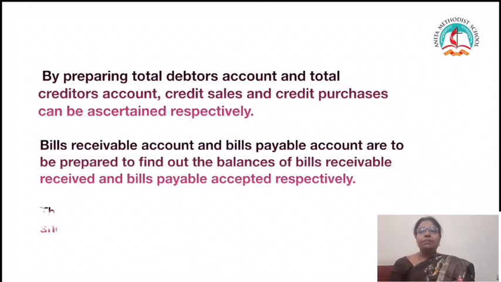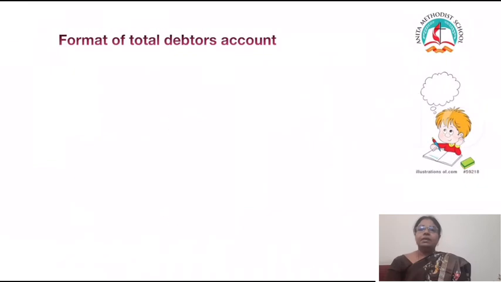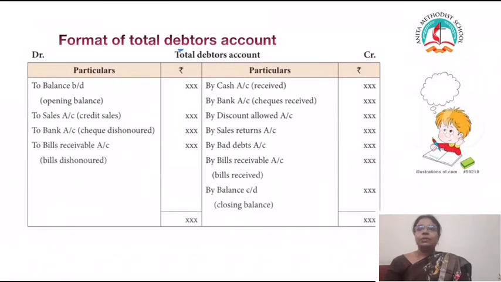Now we will see the format of total debtors account. So debit and credit, total debtors account. By cash account received, by bank cheques received, by discount allowed, by sales returns, by bad debts, by bills receivable, bills received.